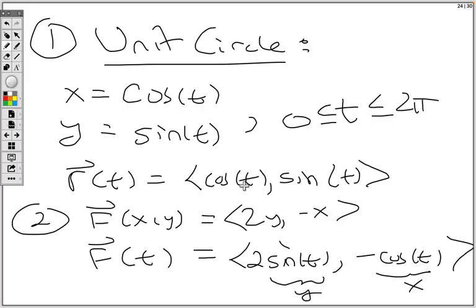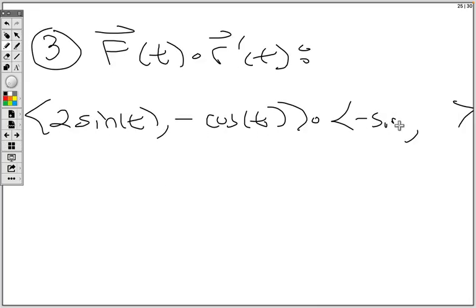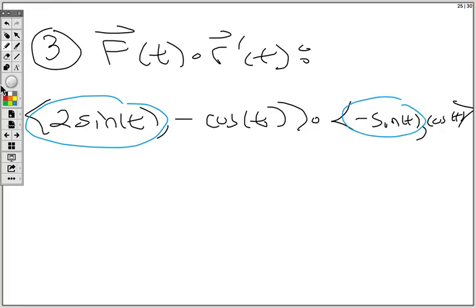Derivative of cosine is? Derivative of sine is? There it is. And once again, how do you take the dot products? Multiply corresponding components. Add them up. Yep, very good.